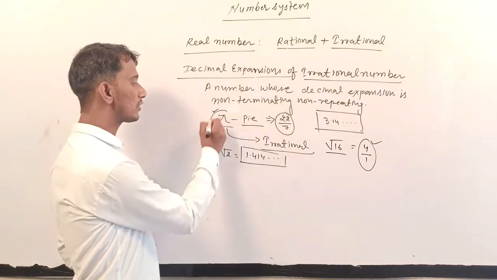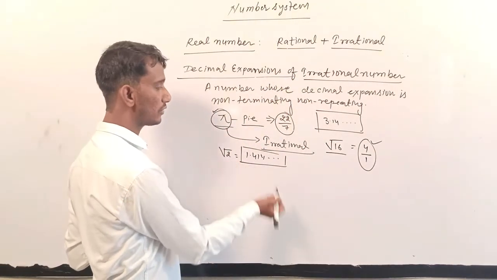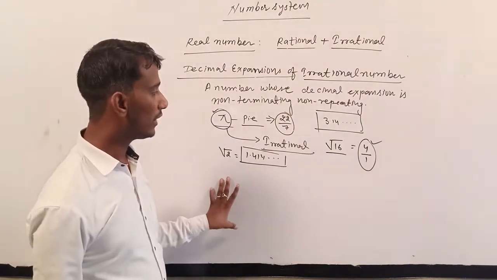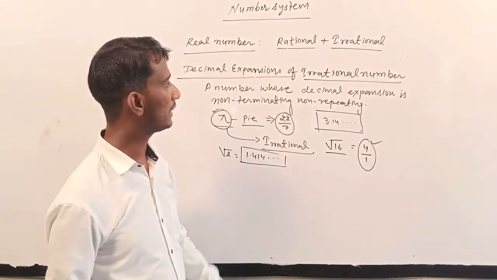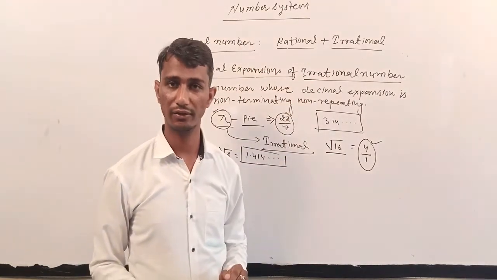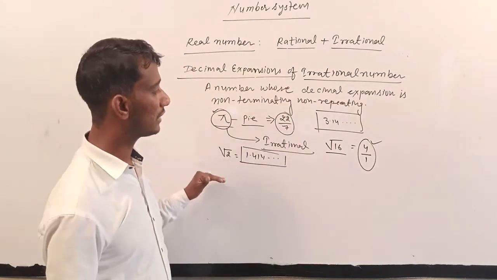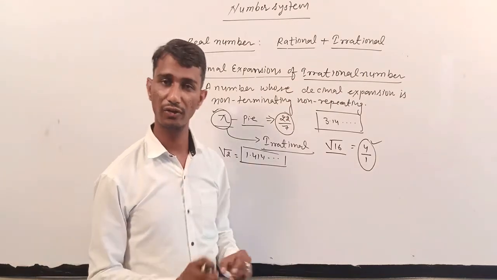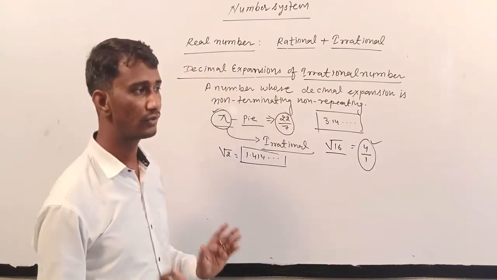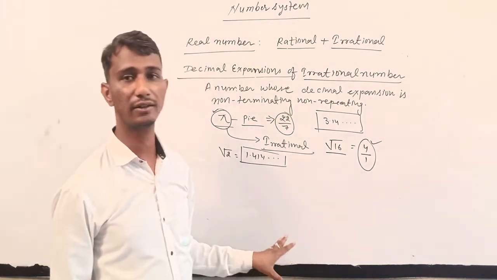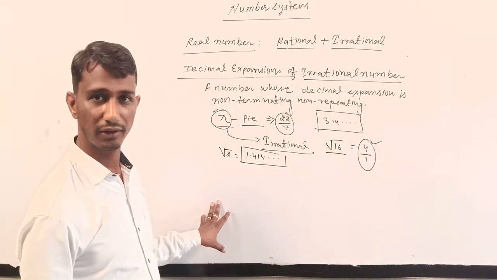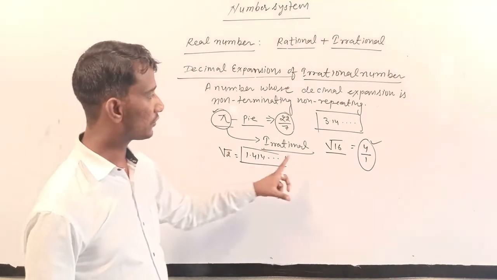And pi is also an irrational number. Root 2 is also an irrational number. But the square root of any number is not always irrational. You might say all numbers having a root sign are irrational. No, it is not. It depends on which type of number is inside the square root symbol. So first you simplify.